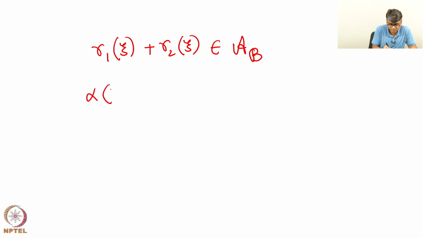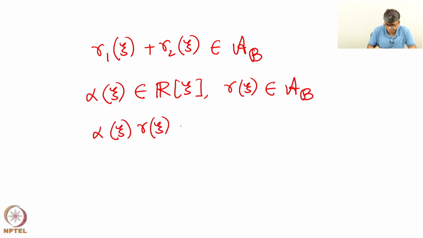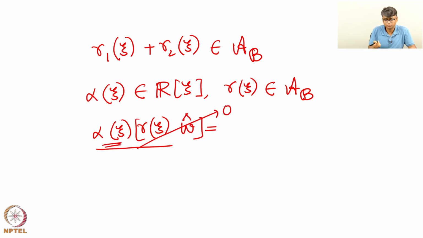Likewise, suppose alpha xi is any arbitrary element from R xi and small r xi is a typical element from the annihilator set. Now, what happens to an arbitrary trajectory W hat when it gets acted upon by alpha xi r xi? You see, this r xi acting on W hat is 0, whether there is alpha xi or not does not really matter.